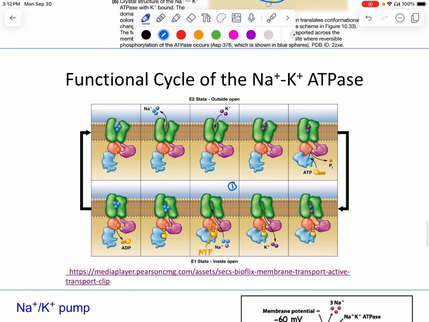So let's say in number 1 here, ATP binds to the enzyme. Remember that binding's reversible. It can go on and off. And when it binds, it causes a conformational change, allowing those sodium ions to enter. So here we're going to see those sodium ions, those 3 blue dots, having entered right there.